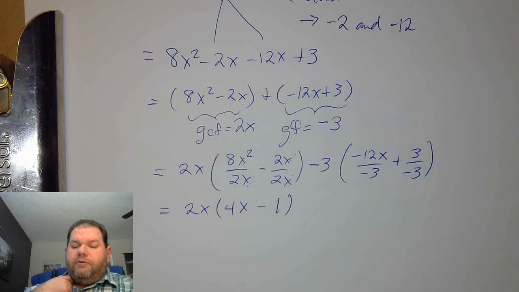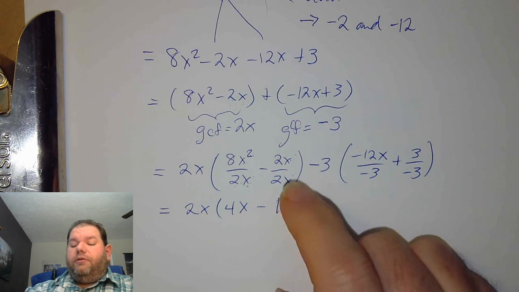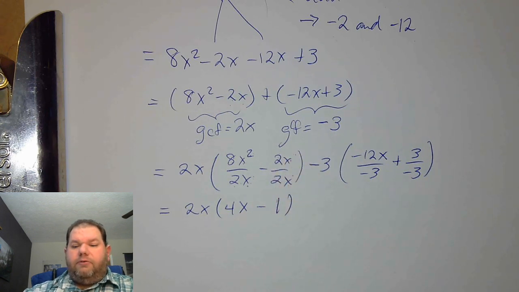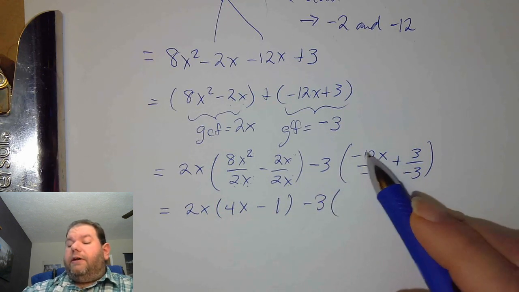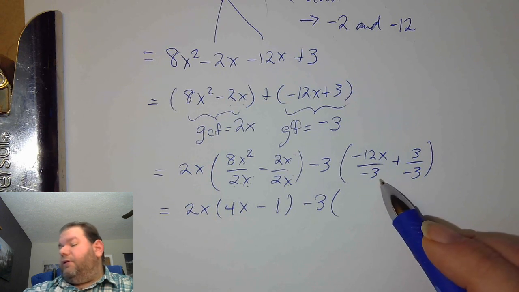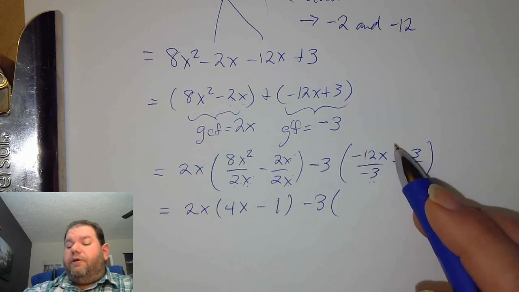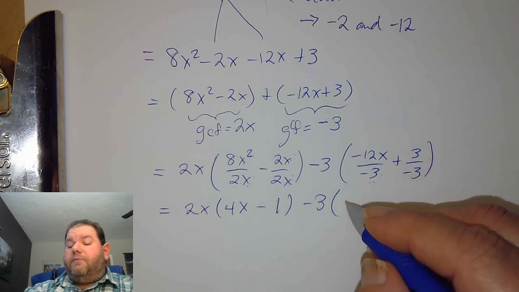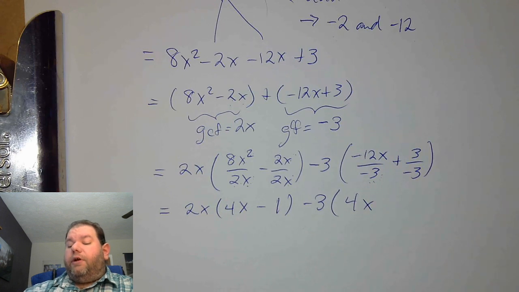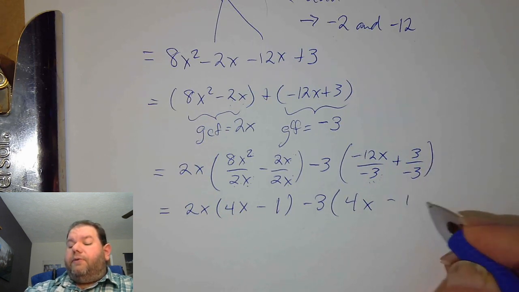Probably a better way of saying that is because these are identical, it's just going to be 1, because anything divided by itself is equal to 1. And we have our minus 3, and then negative 12x divided by negative 3, negative 12 over negative 3 is a positive 4, and the x stays the same because we aren't dividing by any x's. So you get 4x. 3 divided by negative 3 is negative 1.